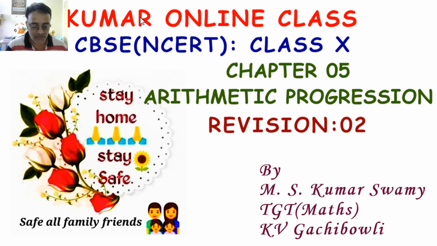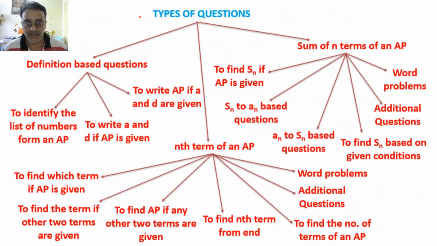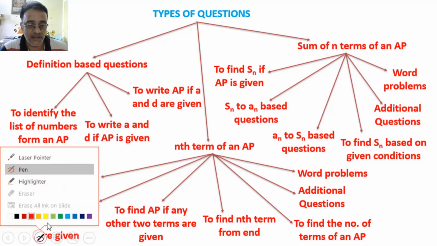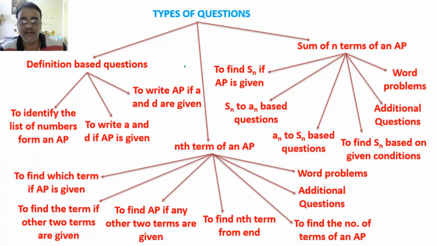So today we are going to start revision number 2 of chapter number 5, arithmetic progression. These are the types of questions, and let us discuss what we have completed in the first session. Definition based questions, these 3 topics we have already covered.